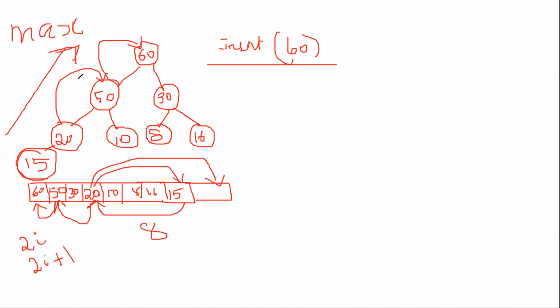It is in the downward direction, which we will see. If you are deleting an element, 60 will be automatically deleted. Then I should replace some elements over here, and the element will come over here. We'll see that later. Don't confuse.